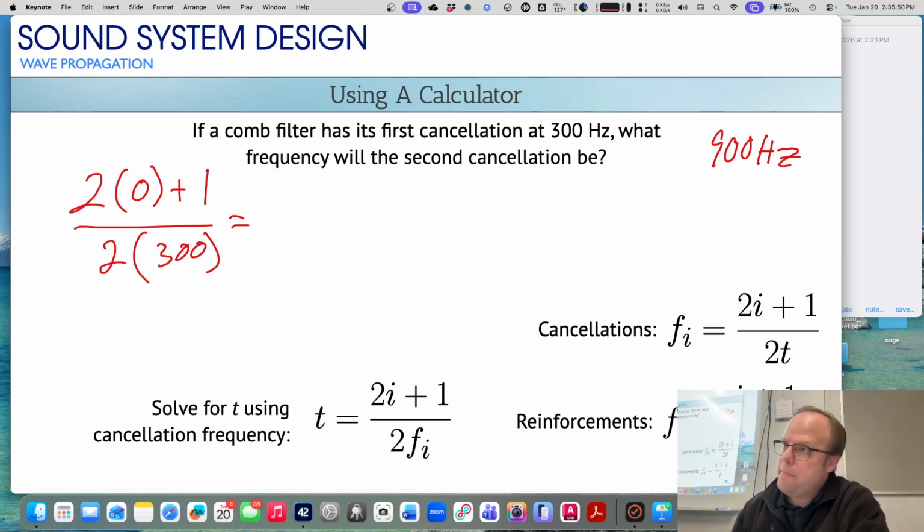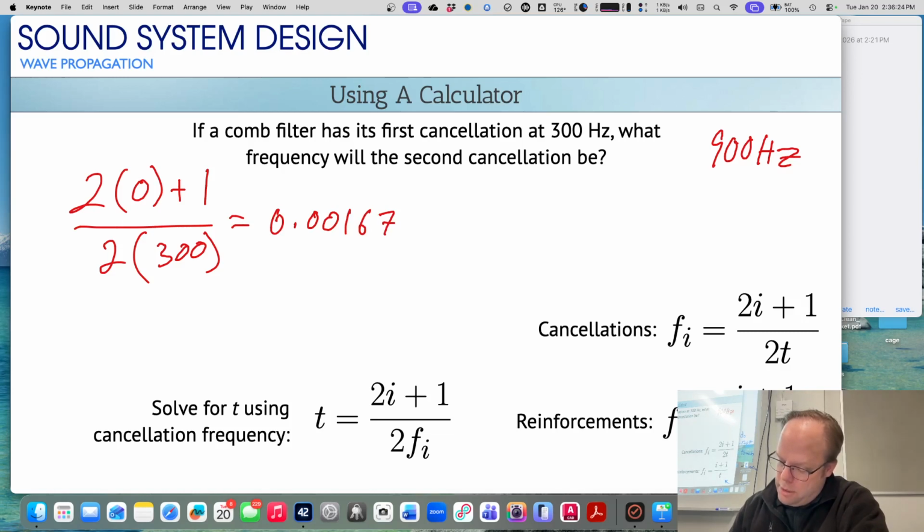And what's that? 0.00167. Mine is 0.0166666. Yeah, 0.00166. Okay, so that's t.